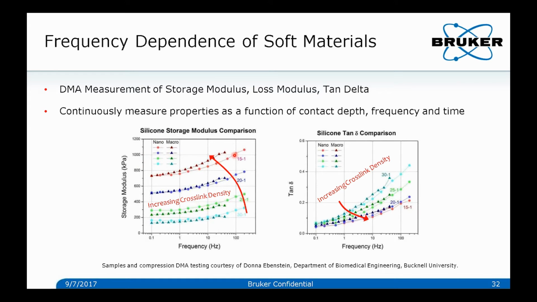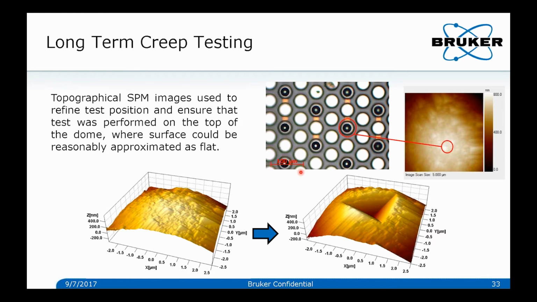And you see good correlation in the case of a uniform bulk material. But of course, the macro scale measurement can only be used on bulk materials. You don't have the sensitivity to go in and make localized measurement if you have a nanostructured material or individual components that you want to test.